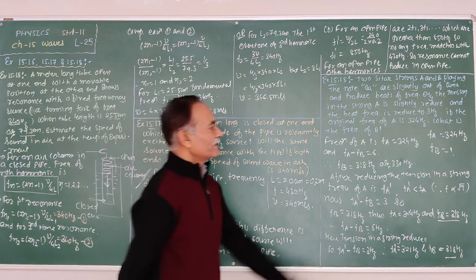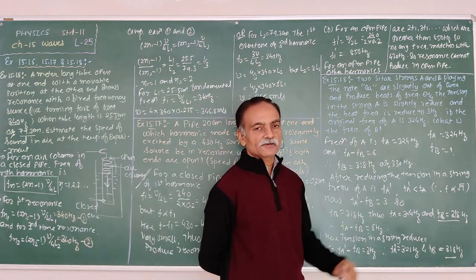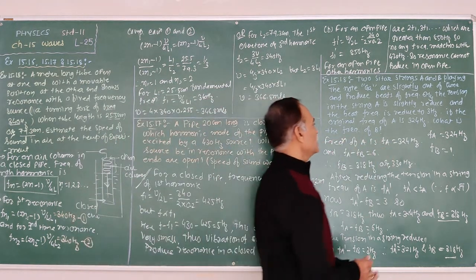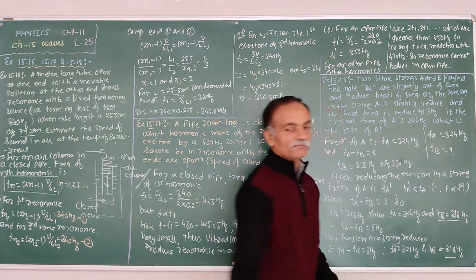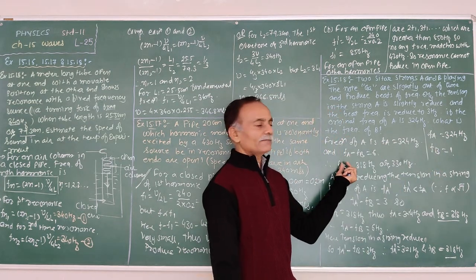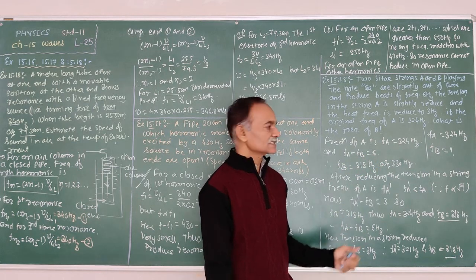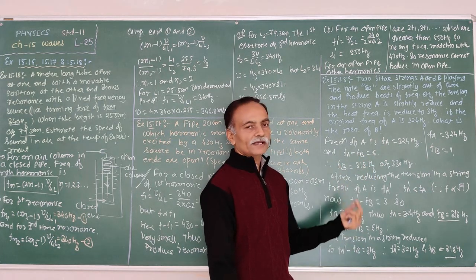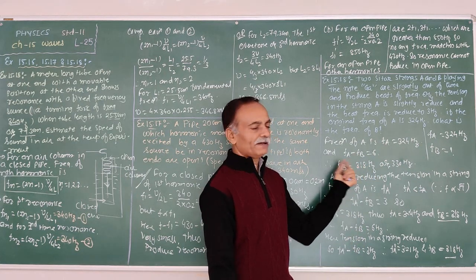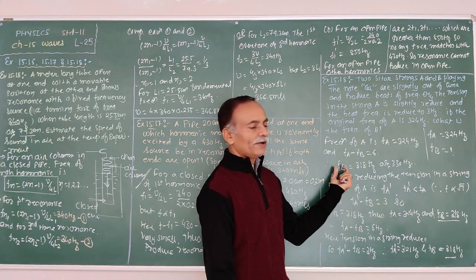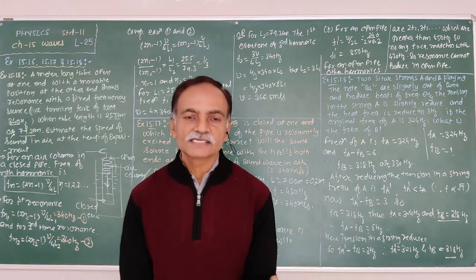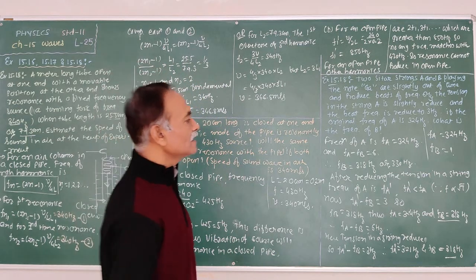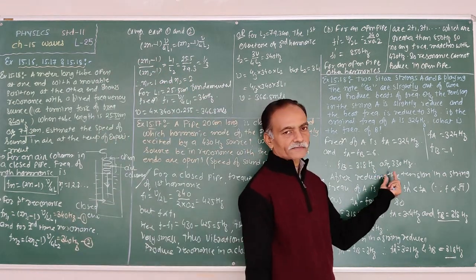Now FA is equal to 324 Hz, initially producing 6 beats per second. Therefore, FA minus FB is equal to 6, so FB is equal to FA plus 6 or FA minus 6. A possible value of FB is 318 Hz or 330 Hz.